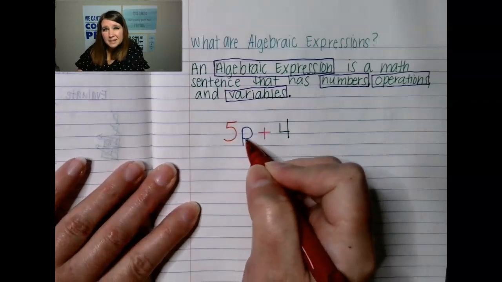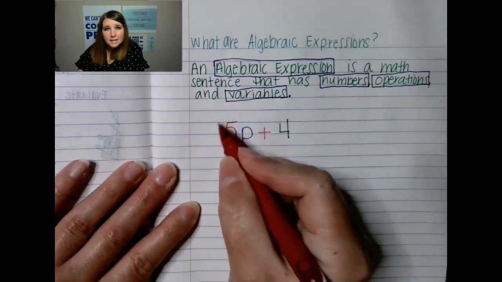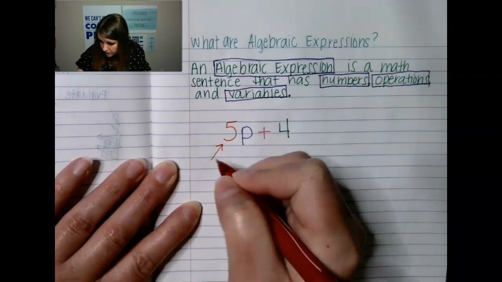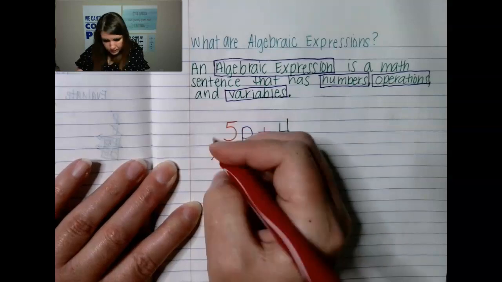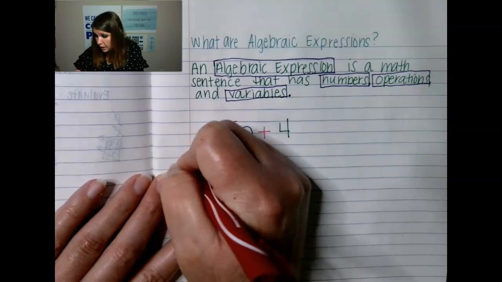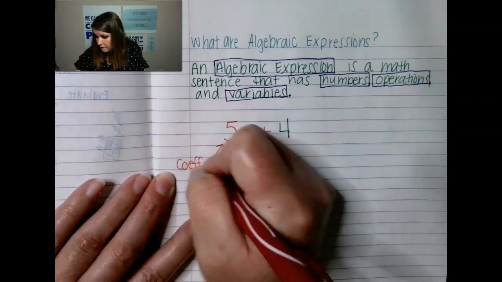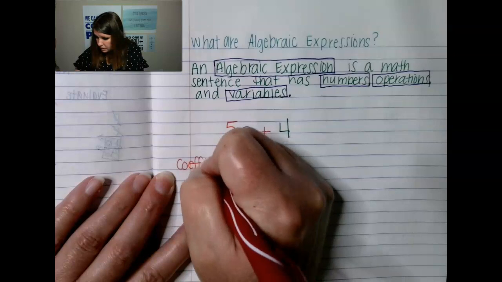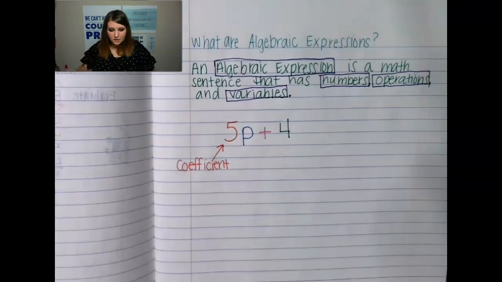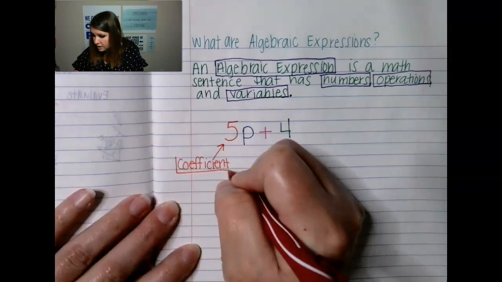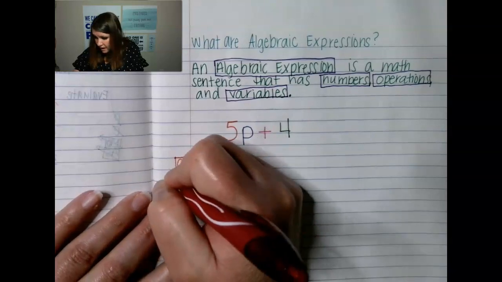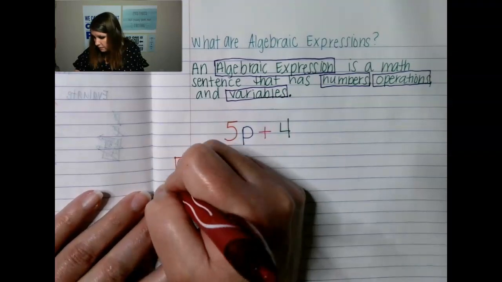It depends on it. It cannot stand alone. So this number here works with this p, or any variable, and is called a coefficient. It's codependent. A coefficient is a number that works with a variable.